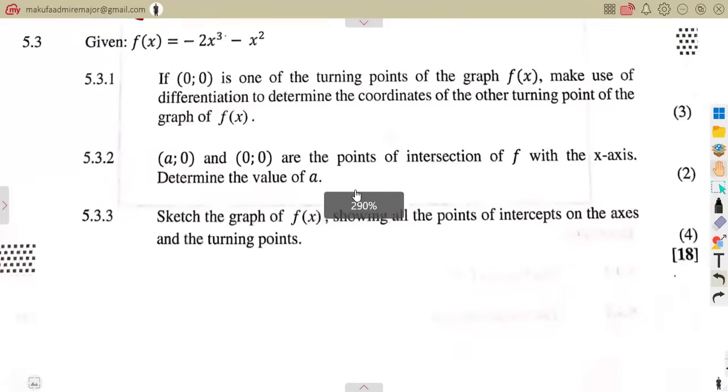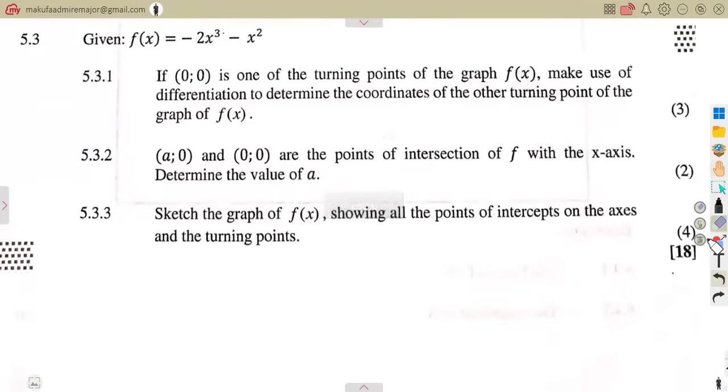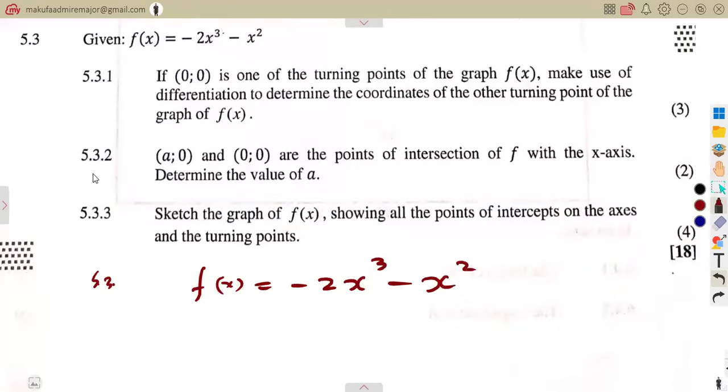5.3, given this function, f of x. So we have got a function to consider, f of x, which is equal to -2x to the exponent of 3 minus x squared.